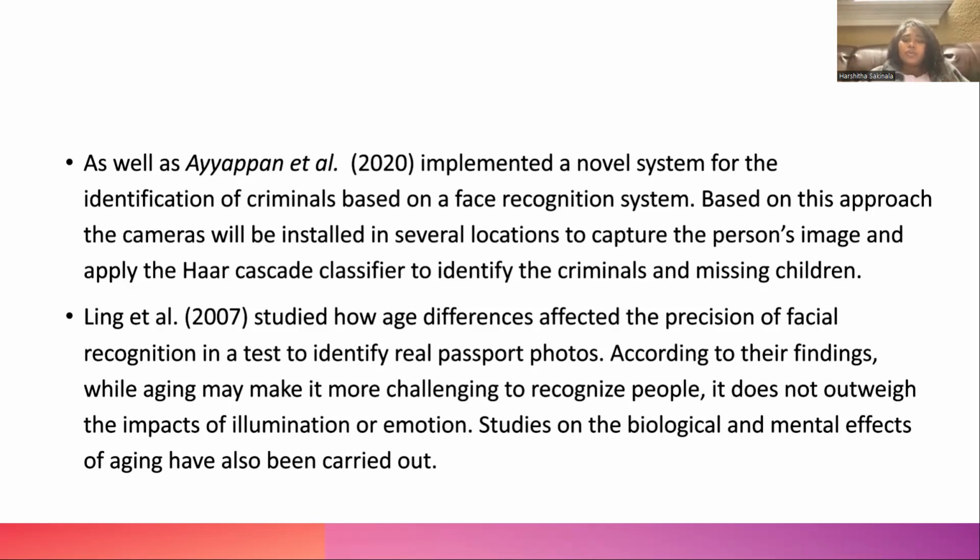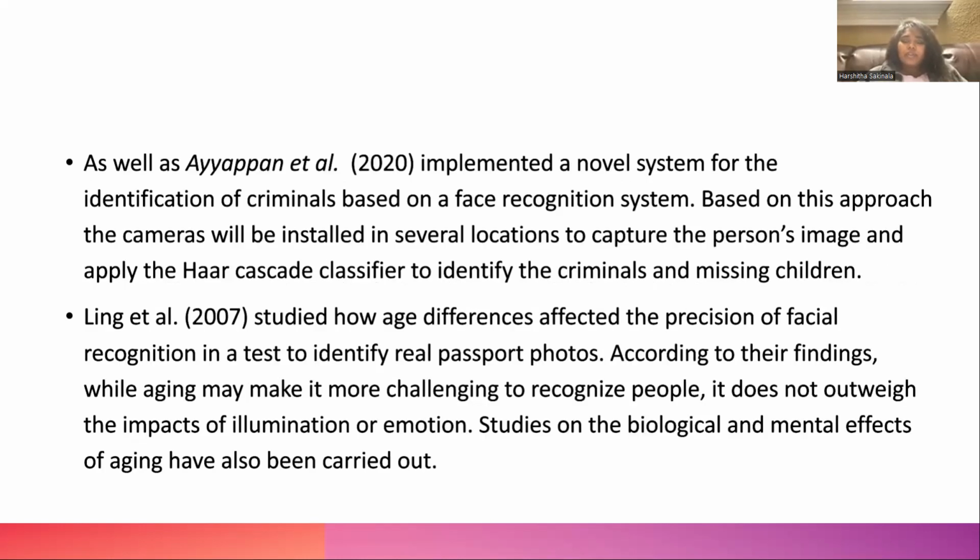This was much more relatable to our topic and was similar, but the only thing was the cameras used in the locations were not able to capture exact pictures, and sometimes information was missed. That is the reason we haven't included that approach here.